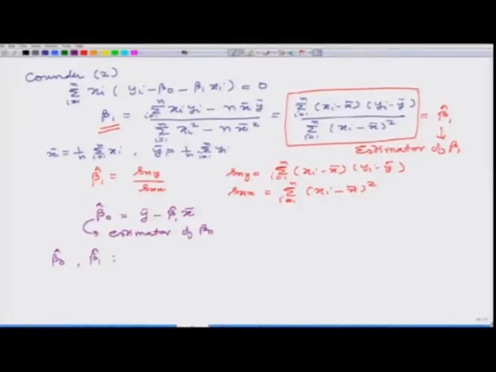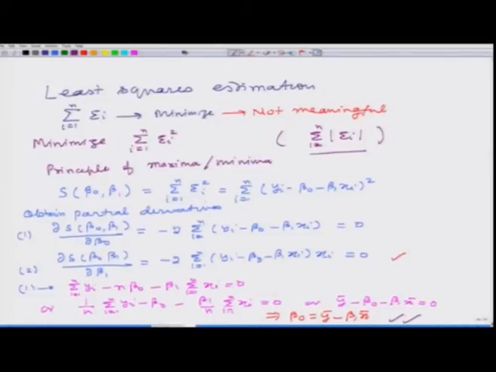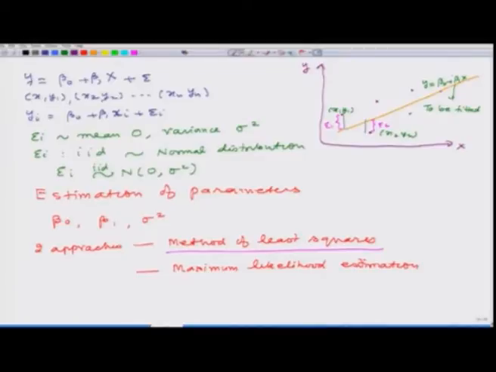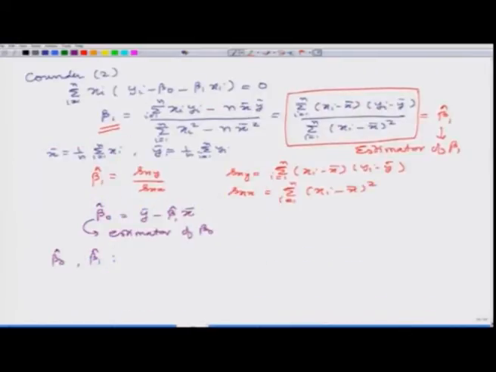Both this beta 0 hat and beta 1 hat have been obtained from the principle of least squares, or in this case we have minimized the vertical distance between the observed values and the line, something like here you can see, we have minimized this thing, right. So, they are also known as direct regression estimators.